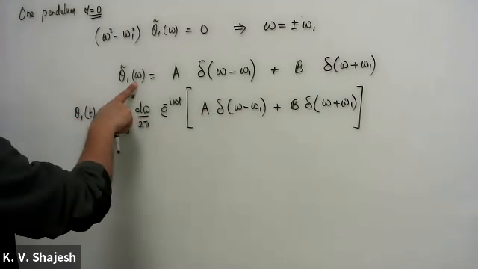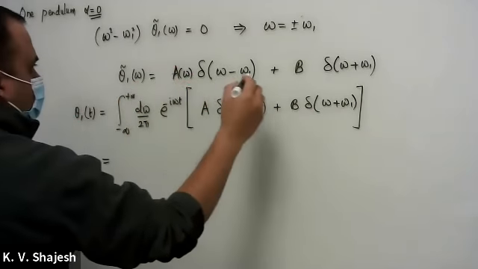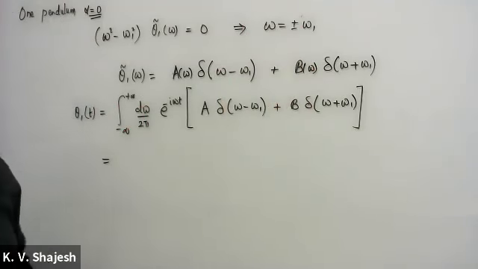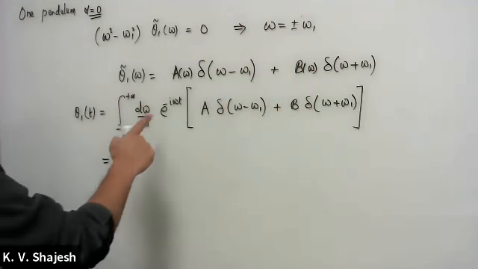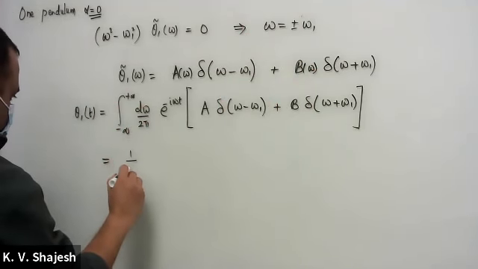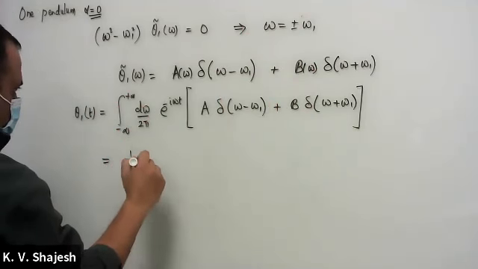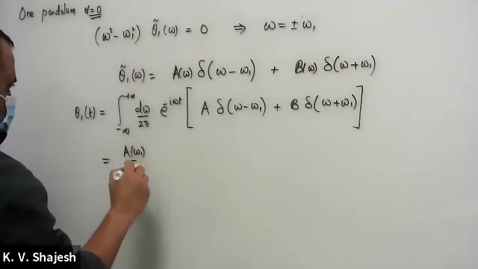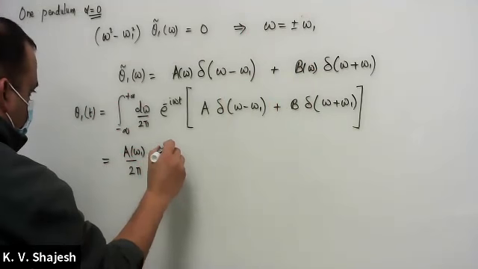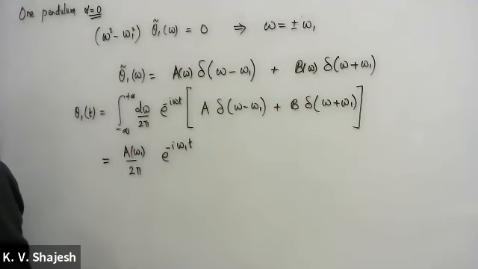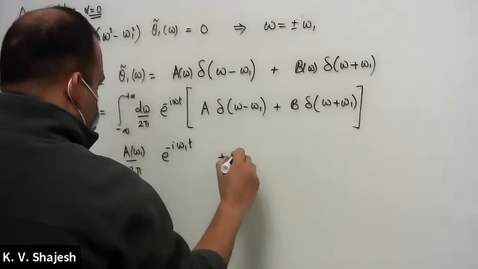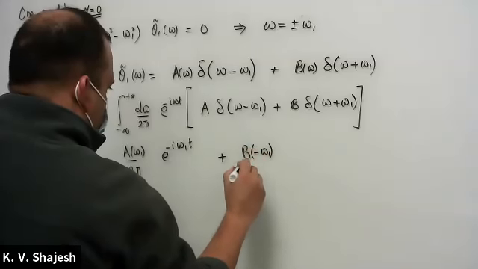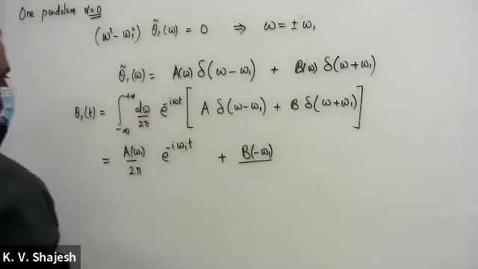And remember, since this was a function of omega, this could be a function of omega. It's not very relevant, but if you want, you can keep that as a whole thing as a function of omega. So when I do this integral, this is 1 over 2 pi times A of omega 1 e raised to minus i omega 1 t plus B of minus omega 1 over 2 pi.